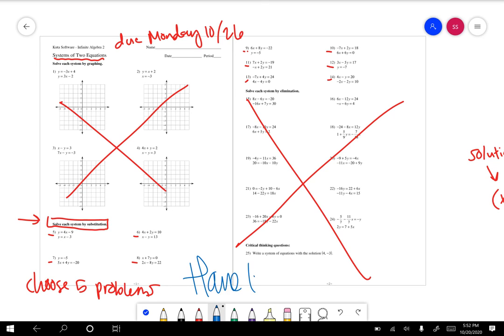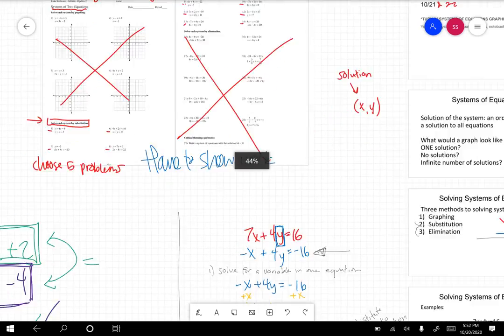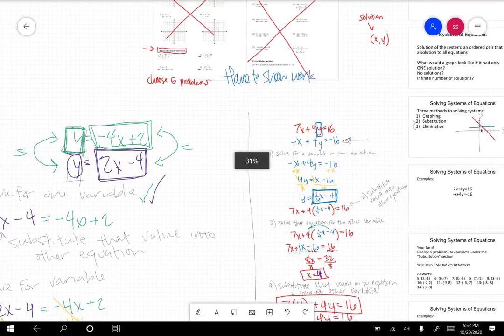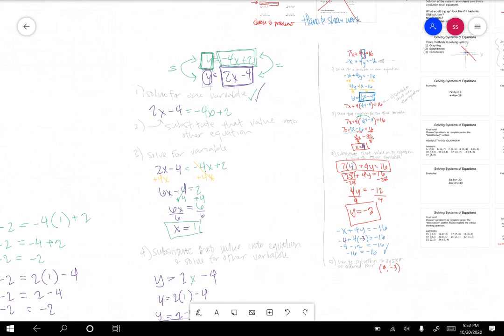have to show work. Okay, what I mean by that is basically showing step by step, just like what I did there on those examples. Now you don't have to write out what I wrote in black there. You can just write out like these steps, colored parts, okay? That's what I mean by show your work.